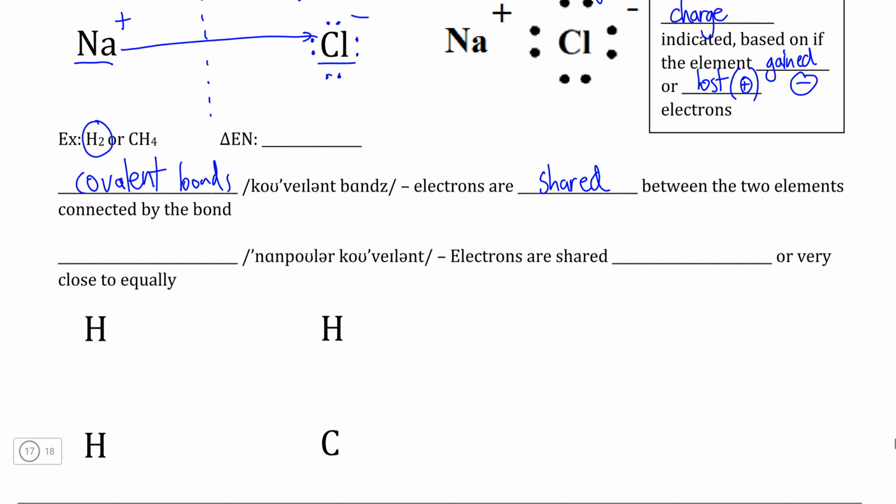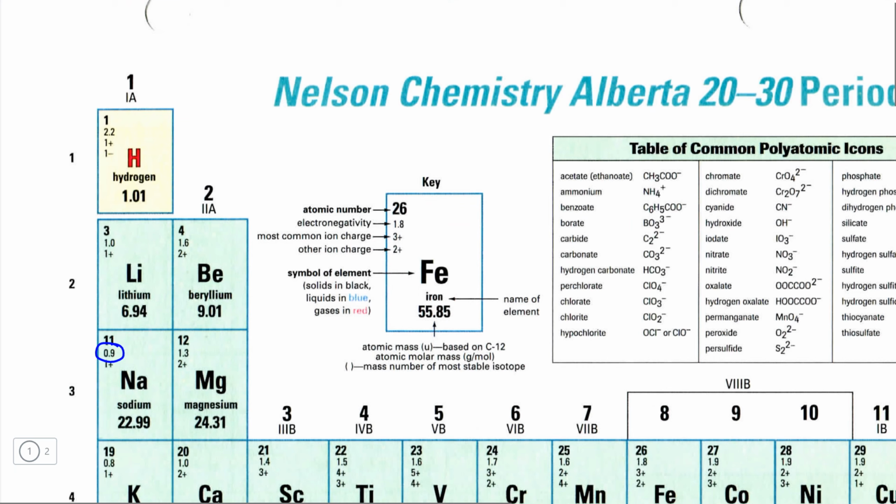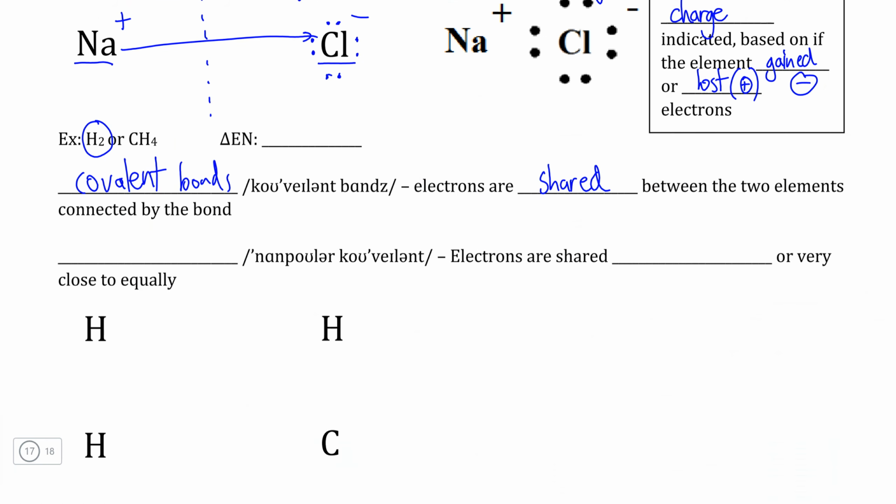In other words, the bond that is formed between hydrogen and hydrogen. And if we check the periodic table, we can see that hydrogen's electronegativity is 2.2, but that doesn't really matter because 2.2 subtract 2.2 is obviously 0, so the difference in electronegativity here is 0.